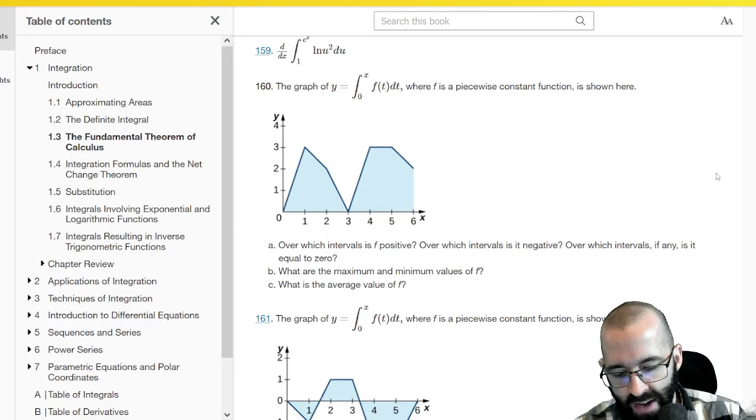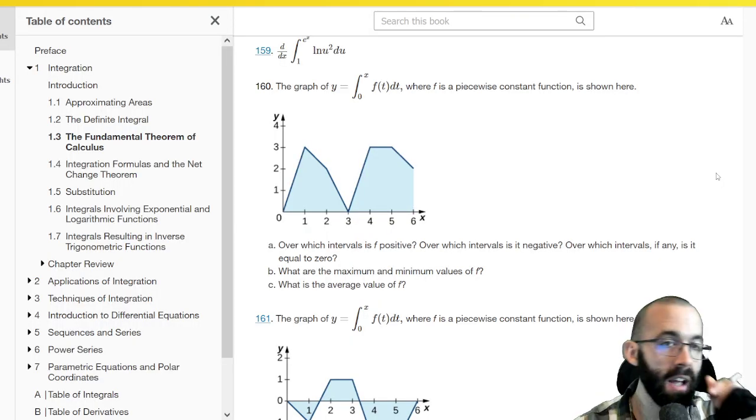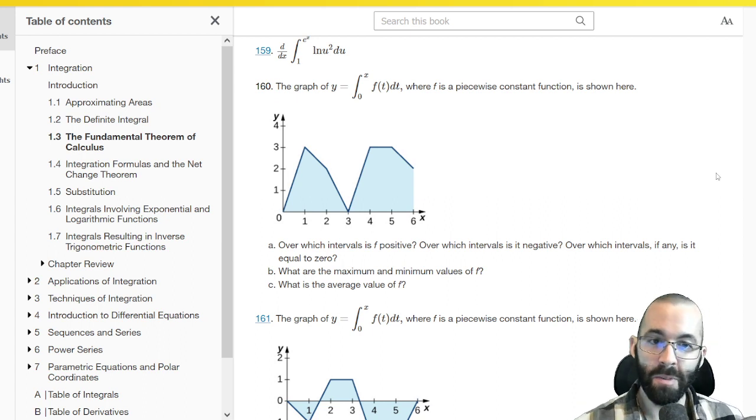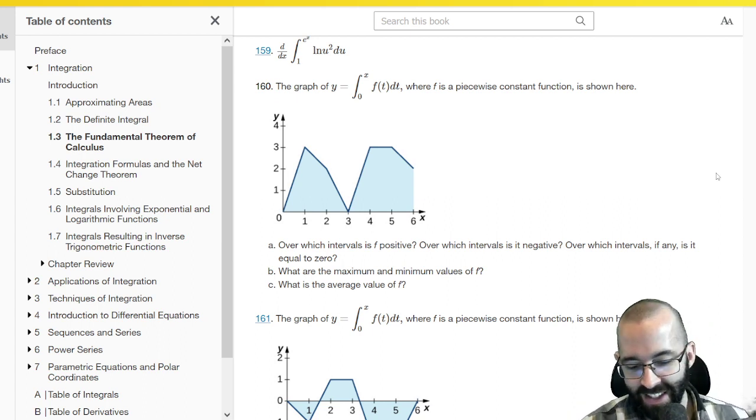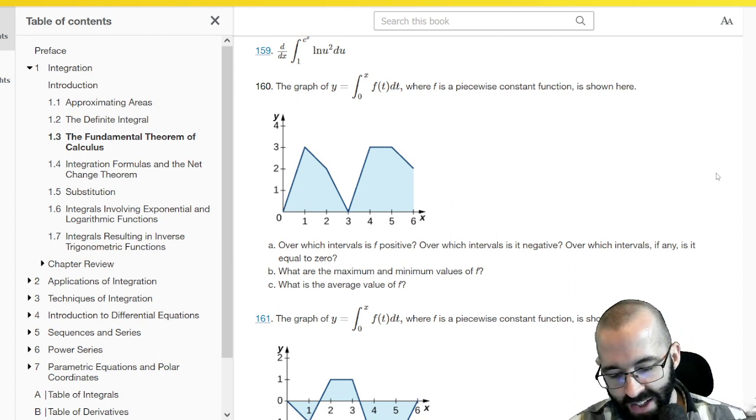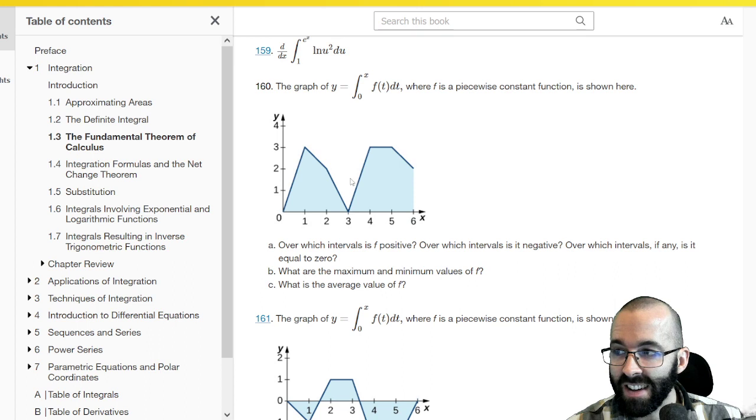Finally, part C, what's the average value of f? Again, we could calculate it using our formula for the average value of a function, or we could try to do it in a clever way, which I have to think of. The average value of f. Because remember, this is not the function.